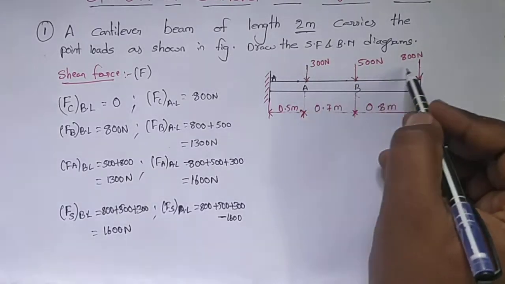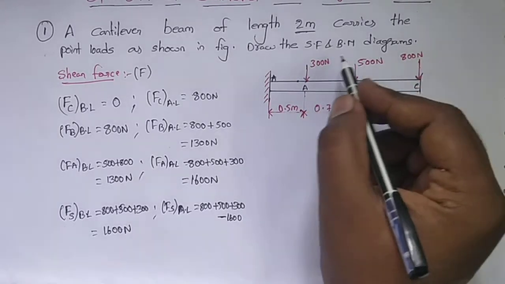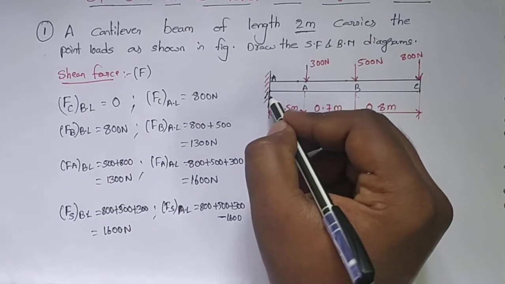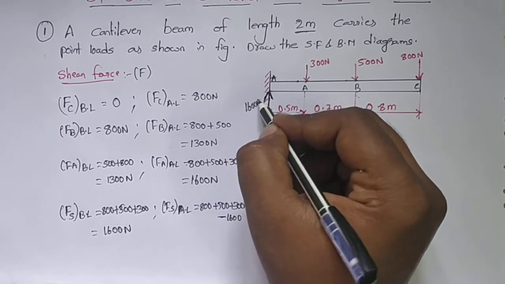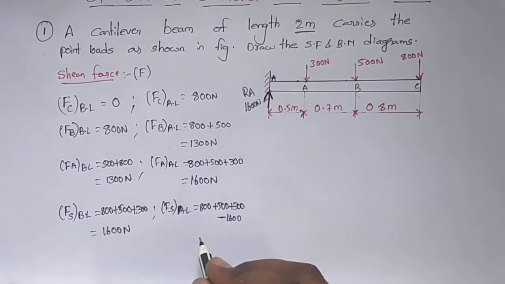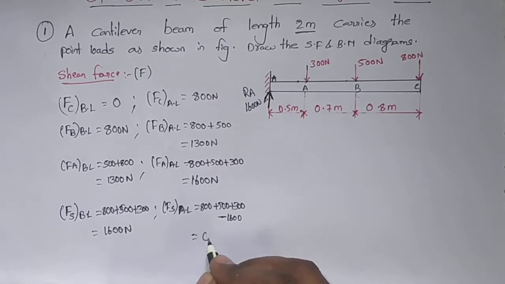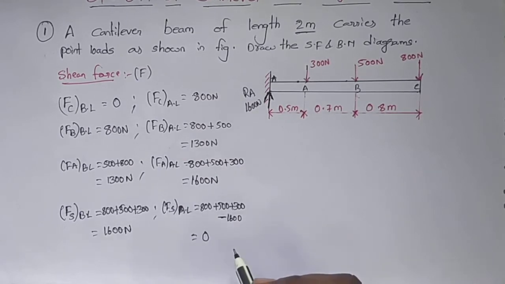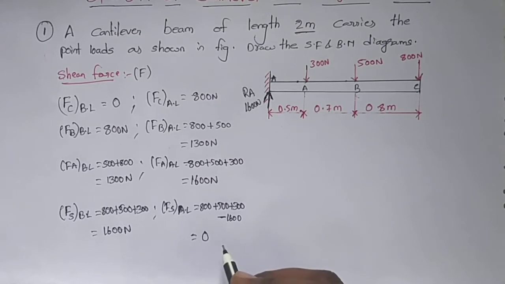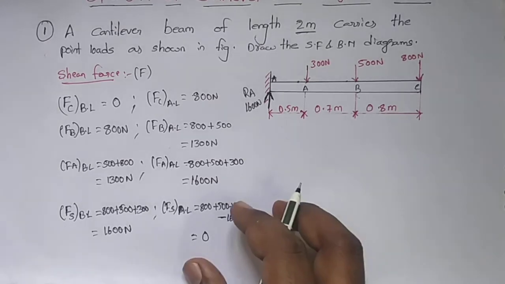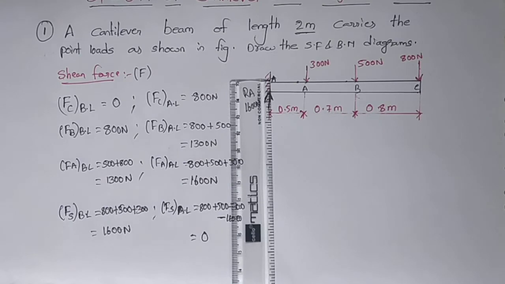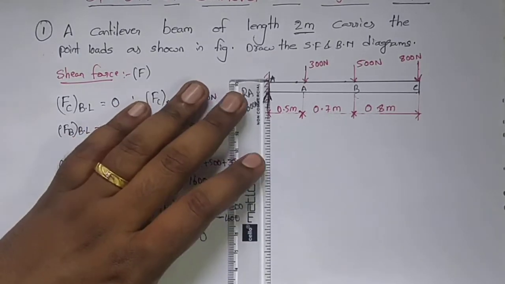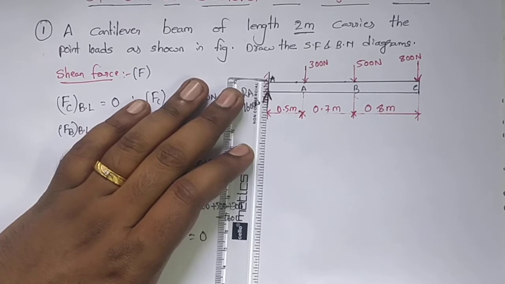The total load acting on the beam is 1600, so the reaction force acting at the fixed support is 1600 newtons, that is RA, and that equals 0. It is the shear force. After calculating the shear force, we need to draw the shear force diagram. For that, we need to draw vertical lines at every point.